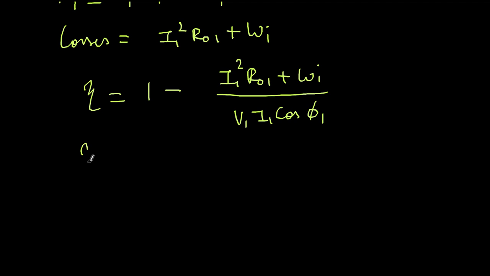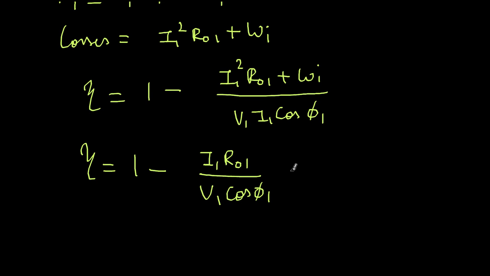Now if I write and separate this fraction, I1 square and I1 will divide, so I get I1 R01 in the numerator and V1 cos phi 1 in the denominator, plus Wi by V1 cos phi 1 all multiplied by 1 by I1. So this is what I have.